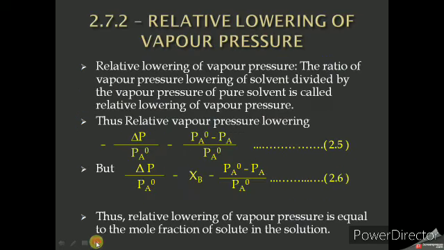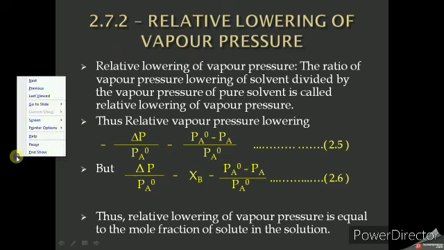Now the next one is the relative lowering of vapor pressure. Now we calculated the change in vapor pressure. What is the relative lowering of vapor pressure? It is the ratio of the lowering of vapor pressure of the solvent, that is delta P, divided by the vapor pressure of the pure solvent.